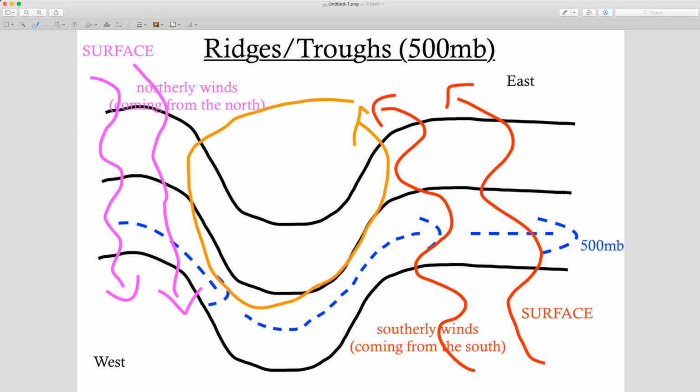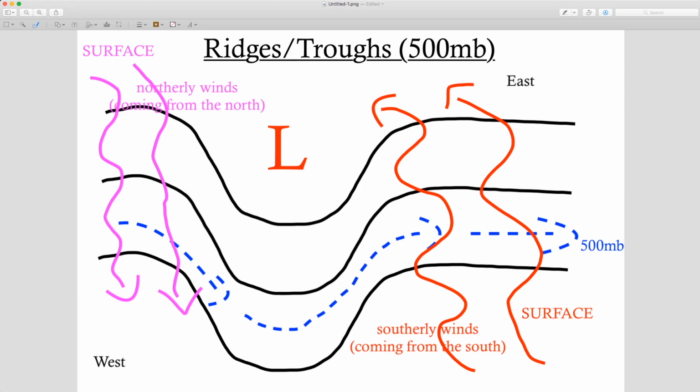I hope in your head you just had a big oh moment. So just by looking at this pattern here, you should be able to discern that there is going to be a big upper level low pressure. And it's going to be right here. All right?